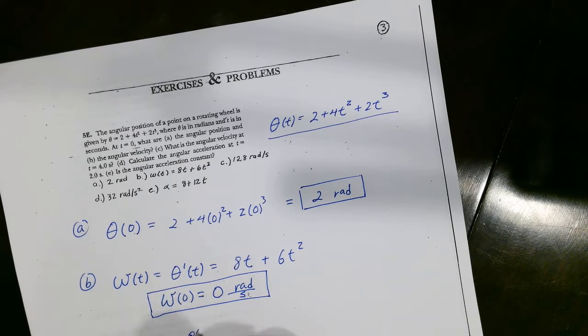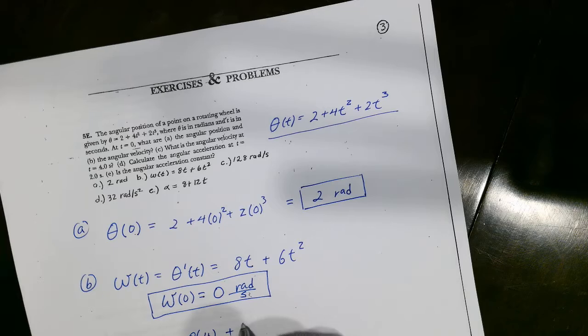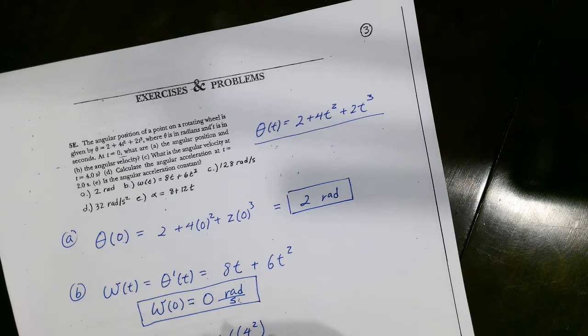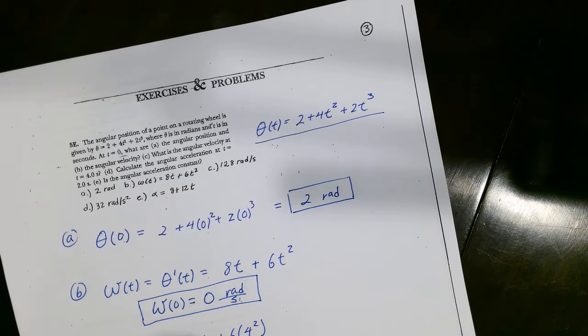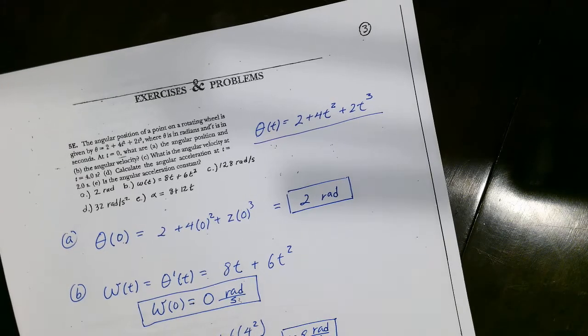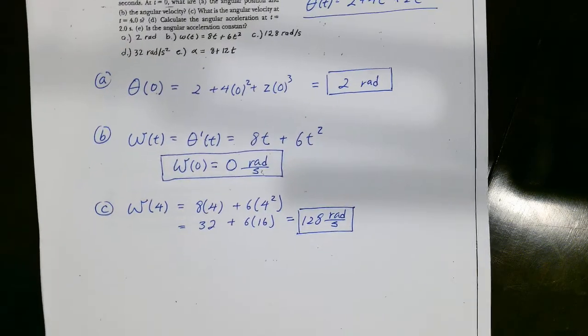That is just 8 times 4 plus 6 times 4 squared. So what is that? That is 32 plus 6 times 16, which comes out to 128 radians per second as part C.